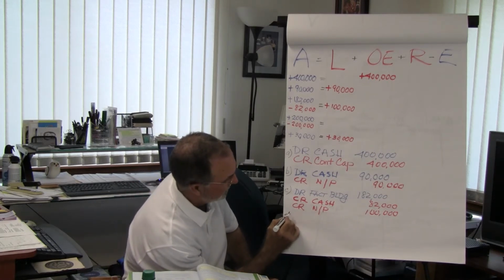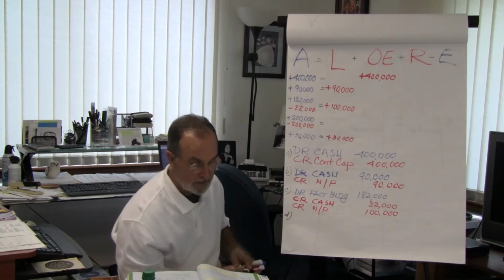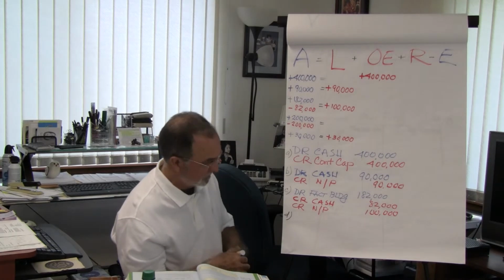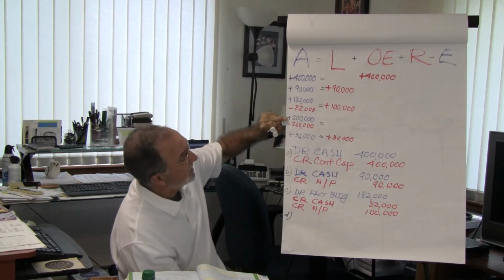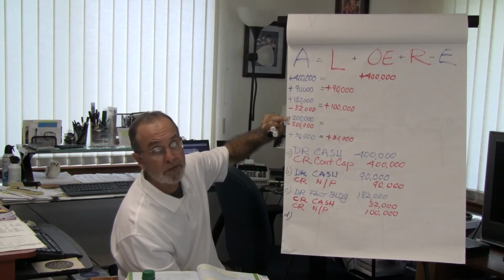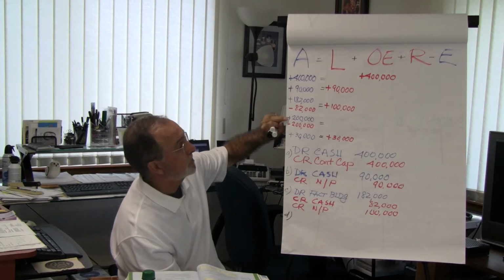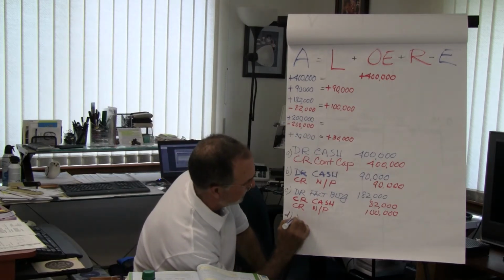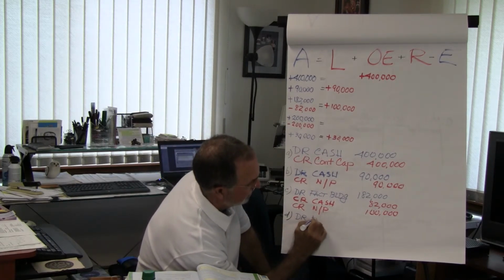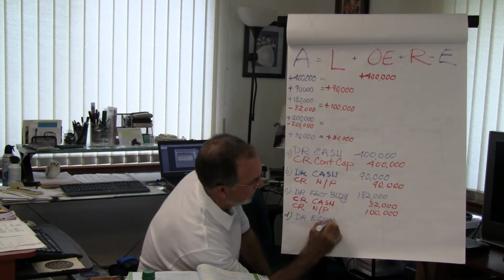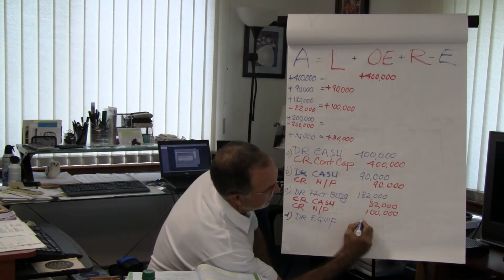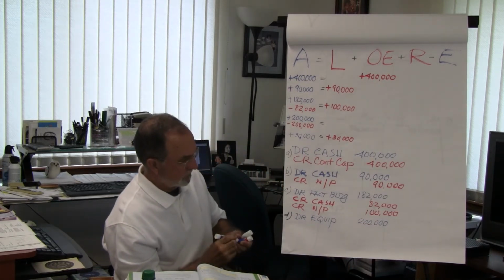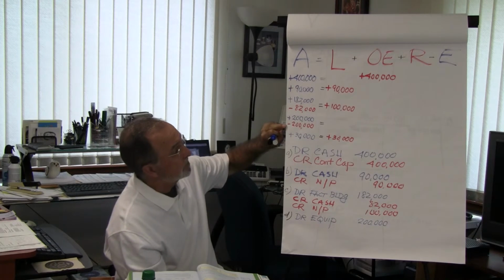Transaction D, paid cash for equipment, $200,000. We are buying equipment, so we are adding to the asset equipment, $200,000. So we debit equipment for $200,000, and we are paying cash.